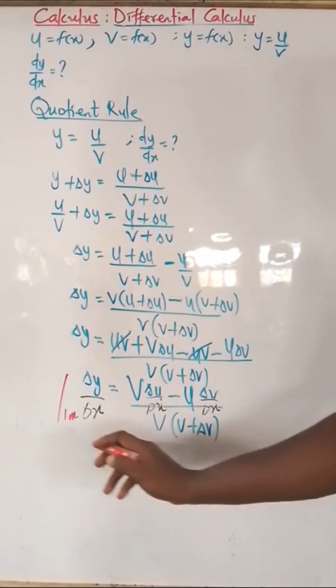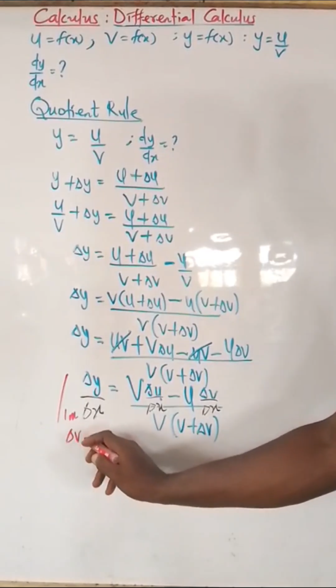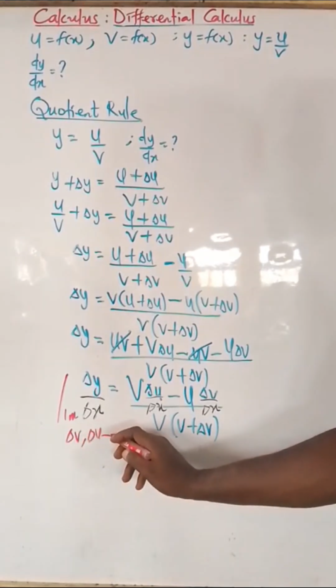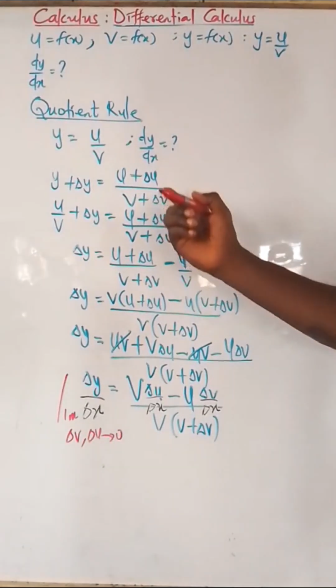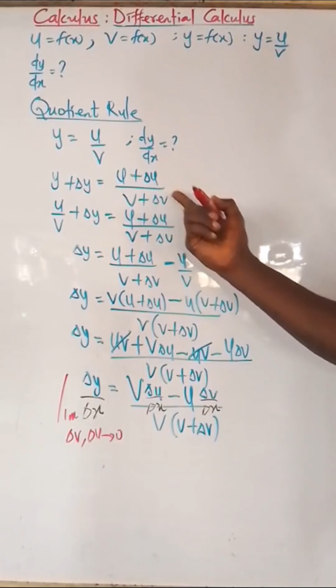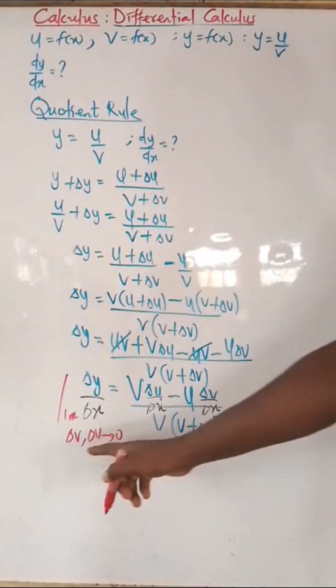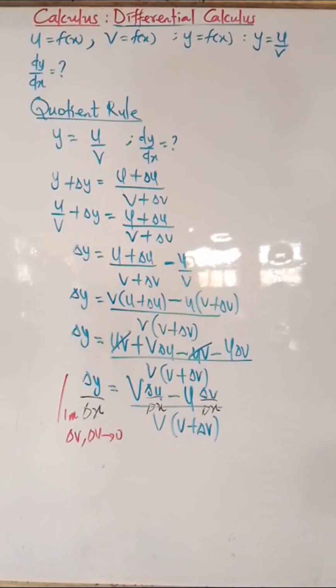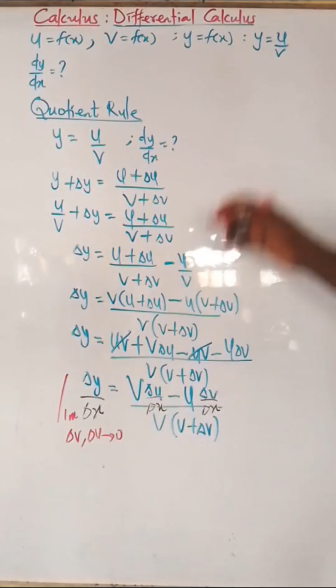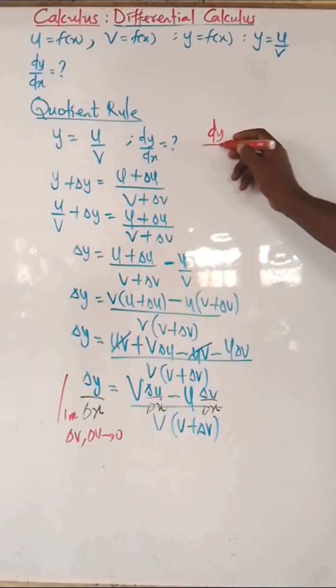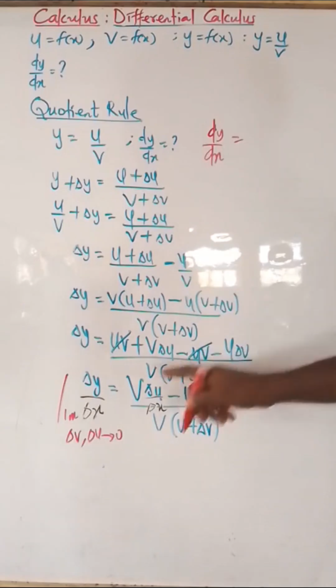If you take the limit of this as change in v and change in u tend to 0, because the change we are adding initially are to u and v. So anyway, you see change in v, change in u, they tend to 0. So this one becomes dy dx. So therefore, dy dx equals, we have v.